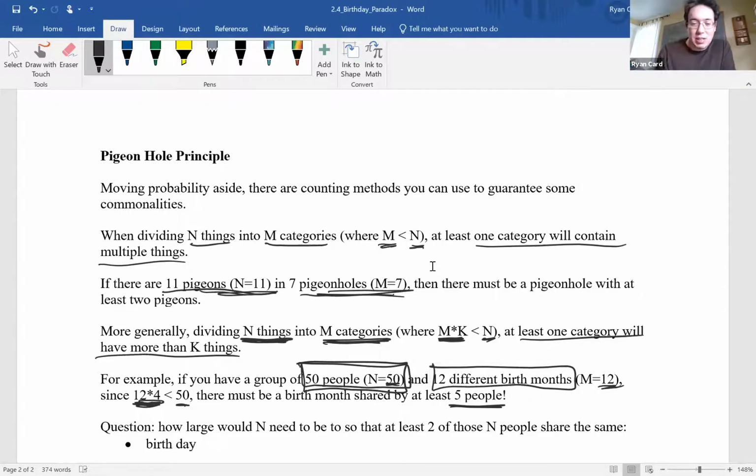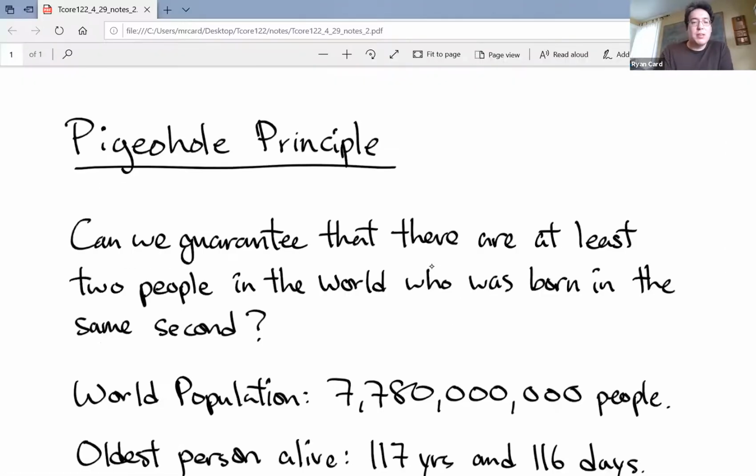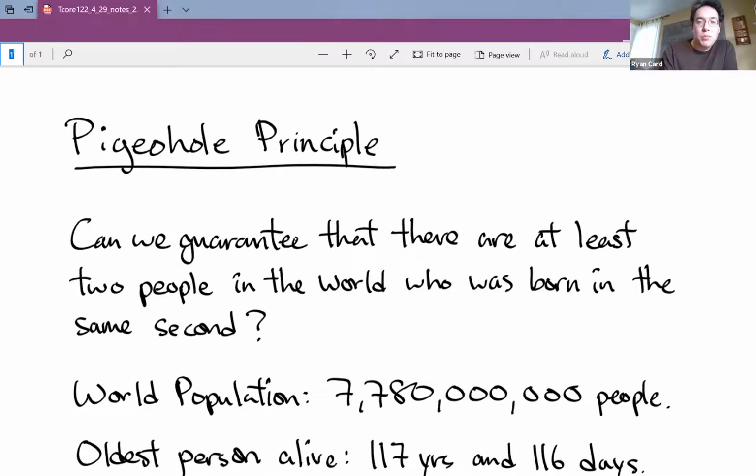So here's an exercise. Okay, so here's what I can prove without doing too much research. Can we guarantee that there are at least 2 people in the world who were born in the same second?